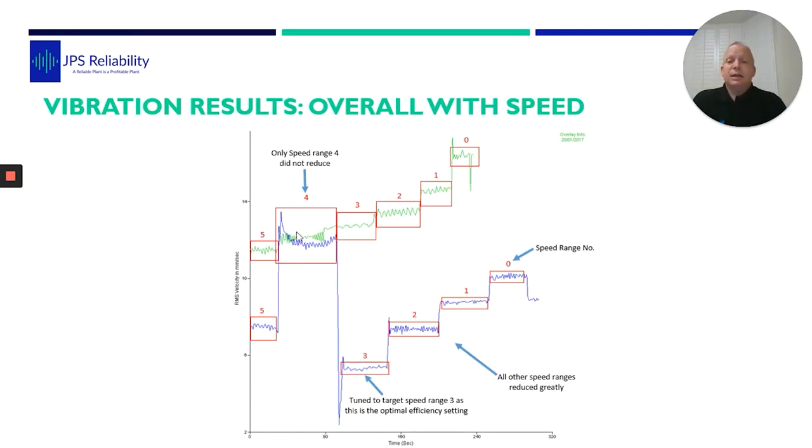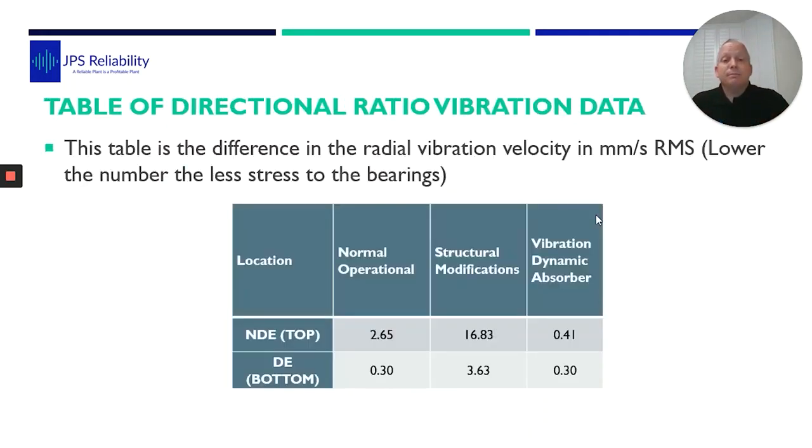But what you will see here, strangely, is number 4 is back up there. Well, that shows you you can design as much as you like in theory, but without putting it to practice and testing it, you don't know what's going to happen. But at set point 3, where she runs all the time, it was the lowest vibration, so we were very, very happy with that. This one here shows you the radial.